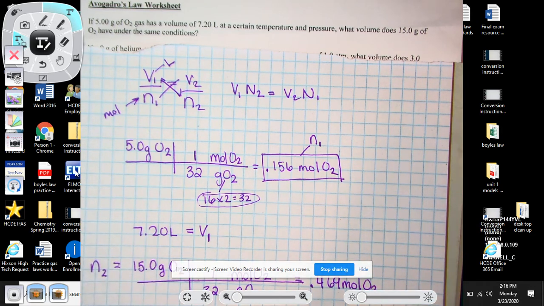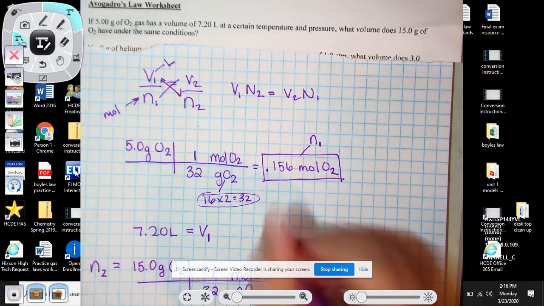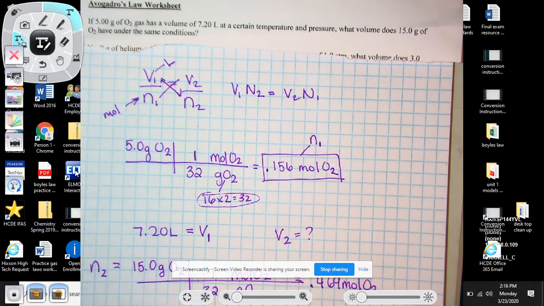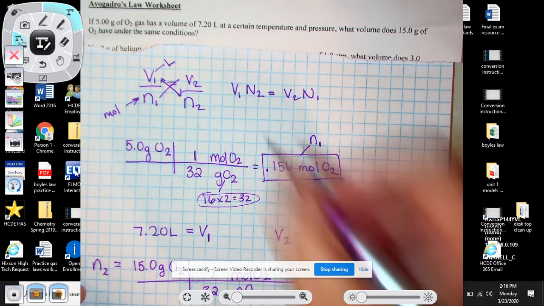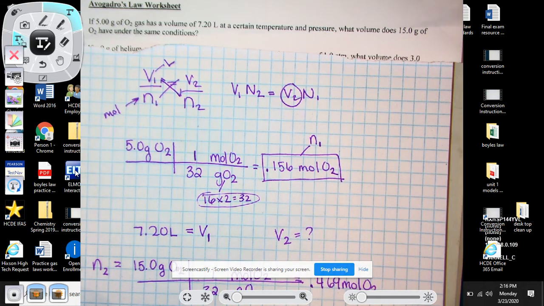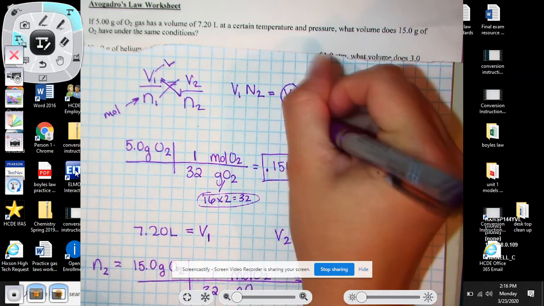So from here, I'm looking for V2. V2 is my unknown because it says what volume. So I want to know what volume would happen after you change the number of moles. And so when we do this, we're going to circle V2. We're going to divide by everyone else. So that divides it by N1.